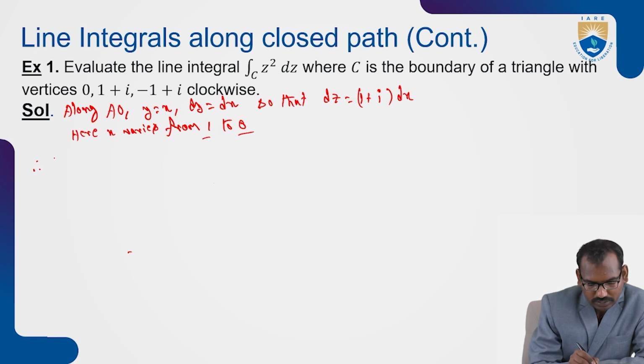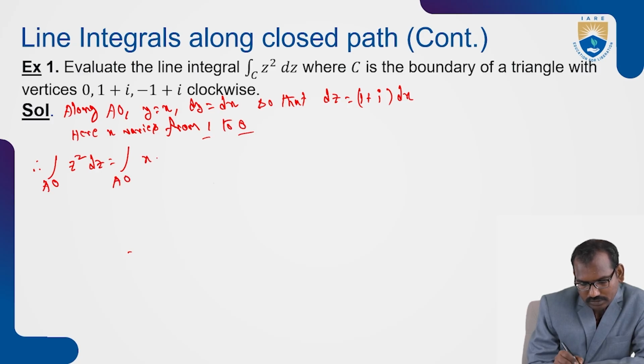Therefore we are calculating integration along AO of z square dz. This is integration along AO of (x plus i times x) whole square, because y is x here, and we will have dz is (1 plus i) dx.